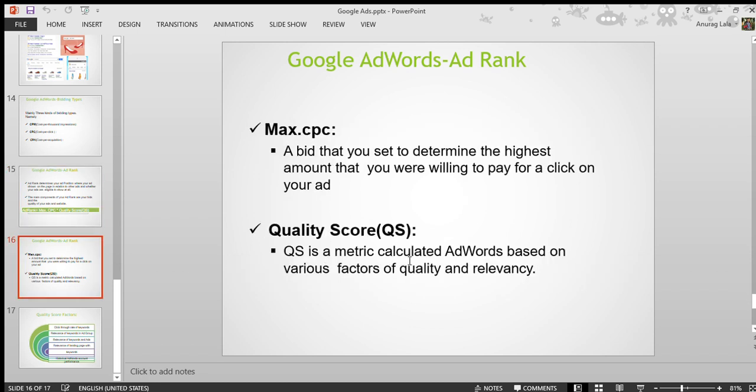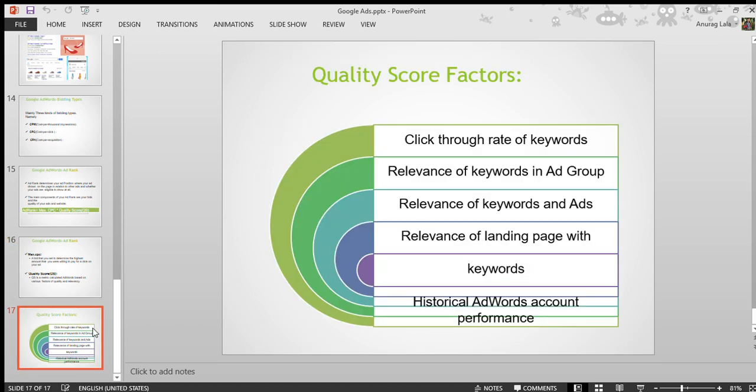Quality score is a metric calculated by AdWords based on various factors of quality and relevance. Is your website friendly or not, are website keywords used appropriately or not. These are all taken into consideration. The quality score factors are the click through rate of keywords, that is how many people are clicking to a website with the keywords you have specified, and relevance of keywords in the ad group.